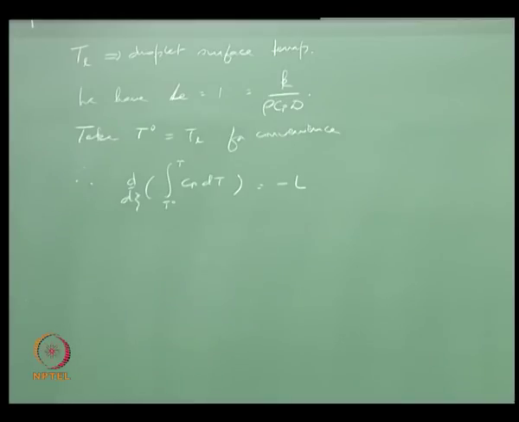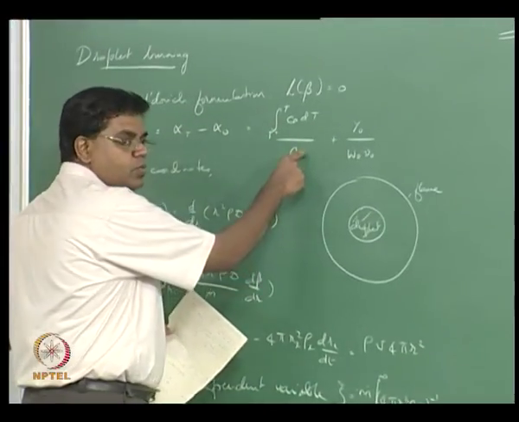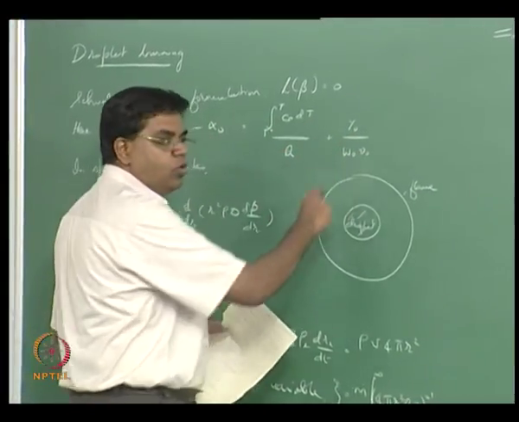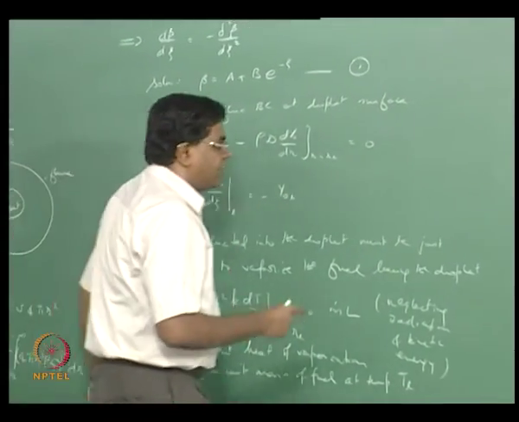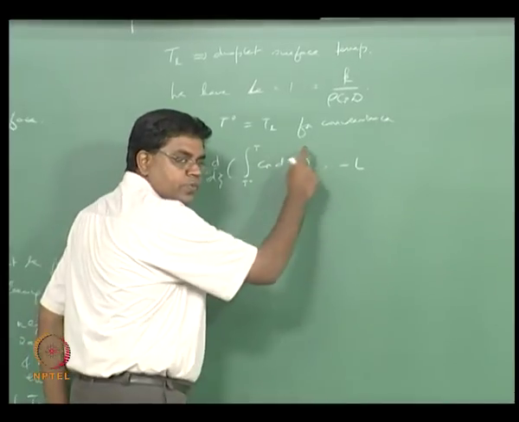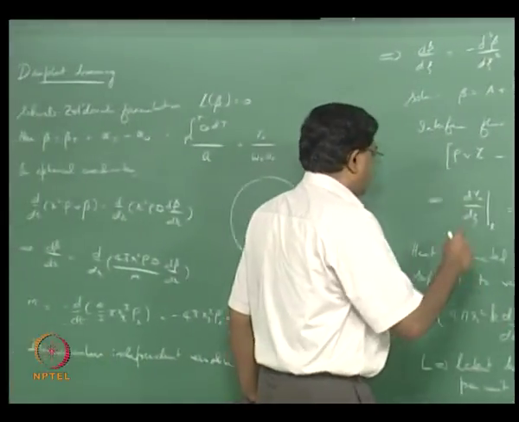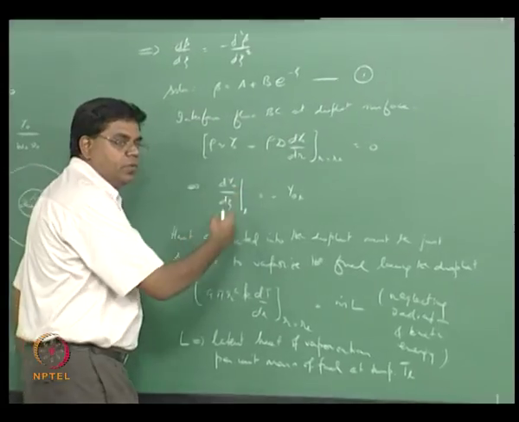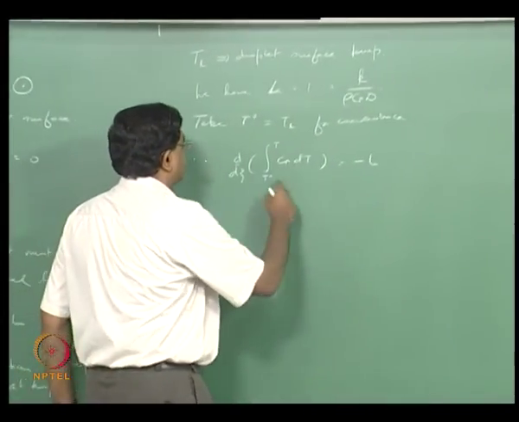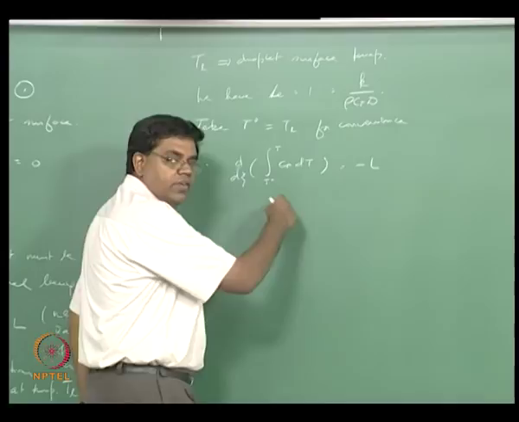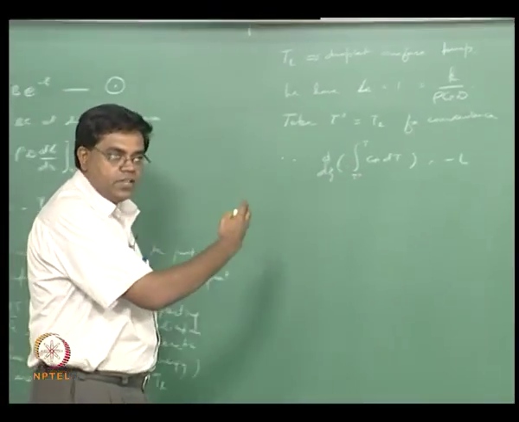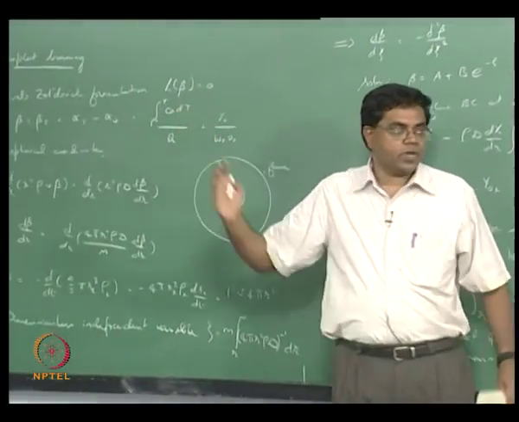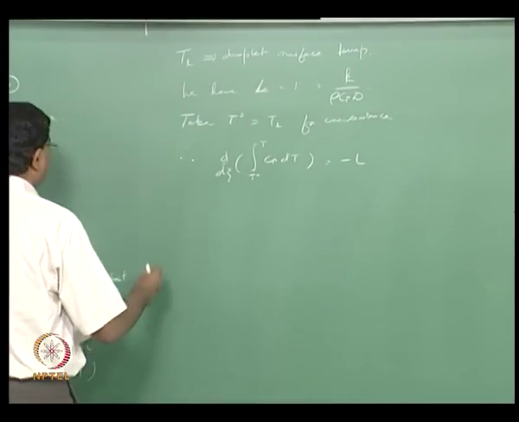So if you now divide this by Q and this by WO nu O, wherever I have a YO, I will have an alpha O, and wherever I have the integral T naught to T Cp dt divided by Q, I will have an alpha T. Then subtract one from the other to get alpha T minus alpha O, which means we get the beta, right?